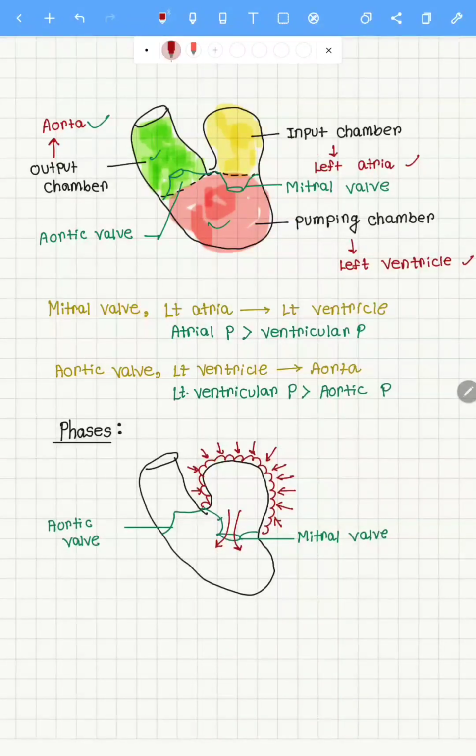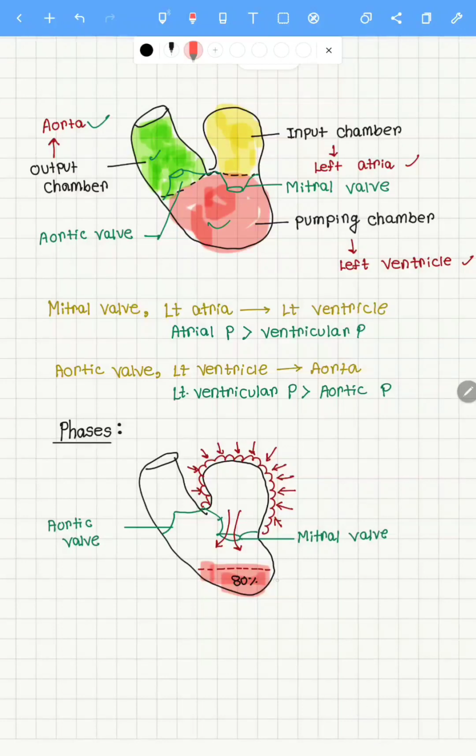But let me tell you a fact, the ventricle is already 80% filled with blood in the beginning of this phase. So the atria will just carry out the rest 20% filling.